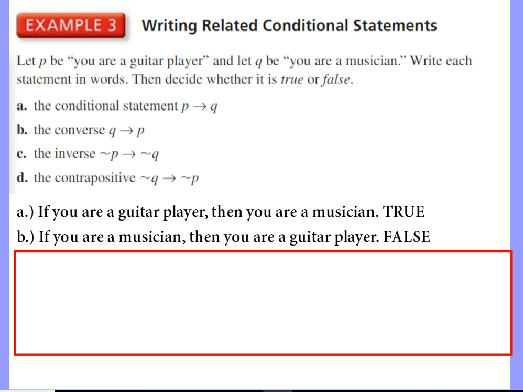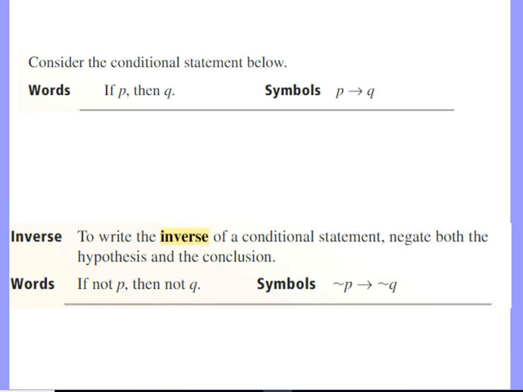What about another type of conditional statement? The inverse. The inverse of a conditional statement is if not P, then not Q. We did not switch the hypothesis and the conclusion this time, but we negated both.